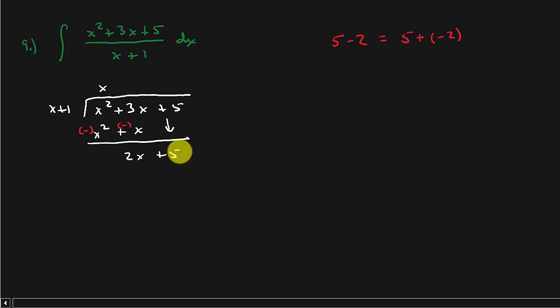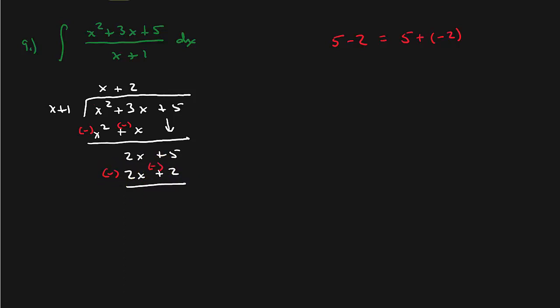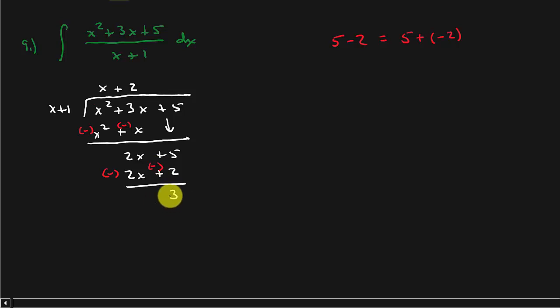All right. And then what do we multiply to x to get 2x? Well, we have to multiply it by 2. So 2 times x is 2x. 2 times 1 is 2. We're going to change the sign of each term and add. And so we get 3.